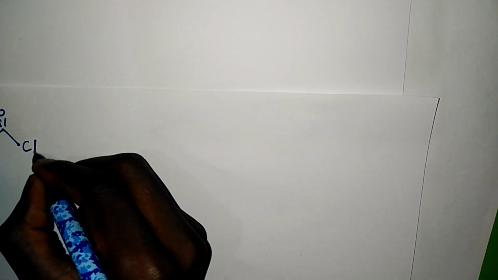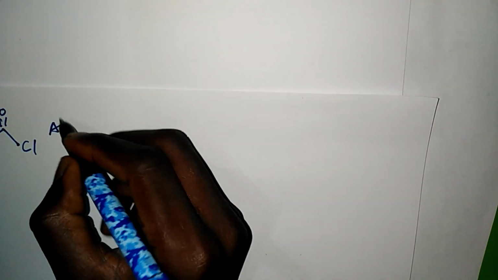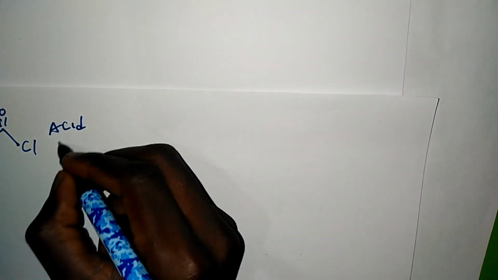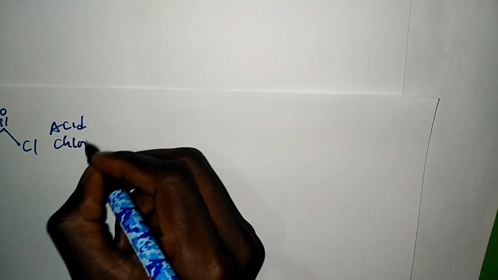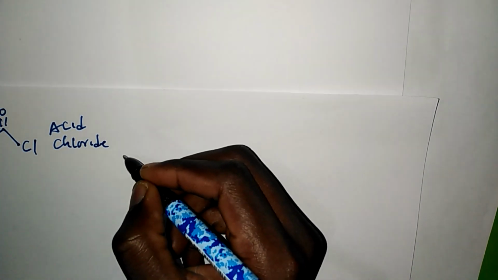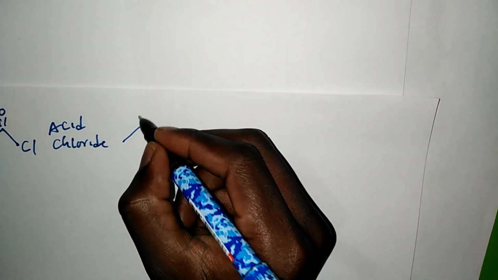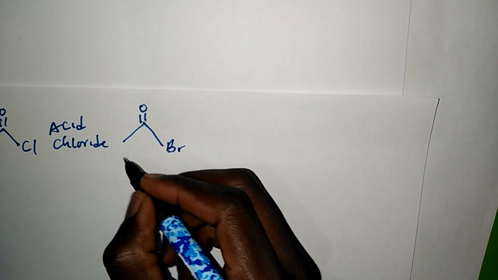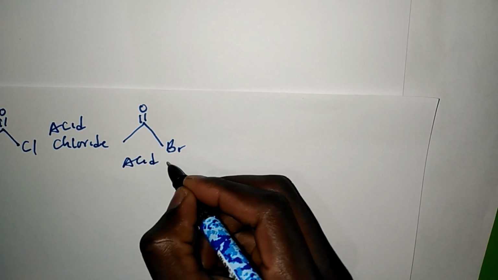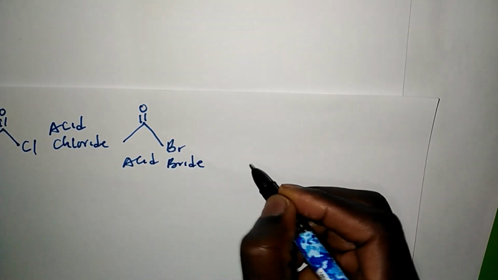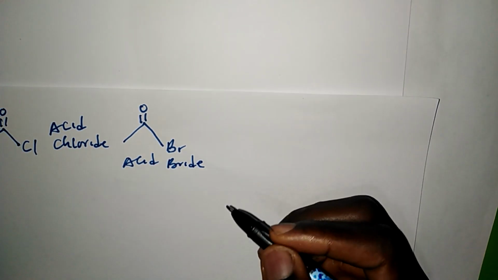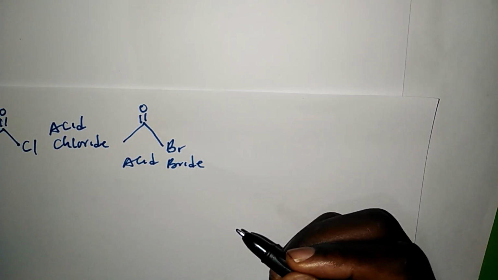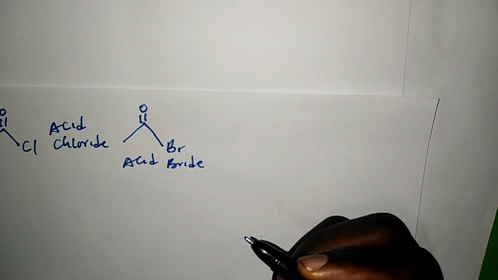So what if you have a functional group like this? We'll have the carbonyl carbon, and then we'll have a halogen at the end. This particular functional group, you can call an acid chloride. If it's attached to another halogen, maybe bromine, you can call it an acid bromide. It can be attached to a fluorine, an acid fluoride.